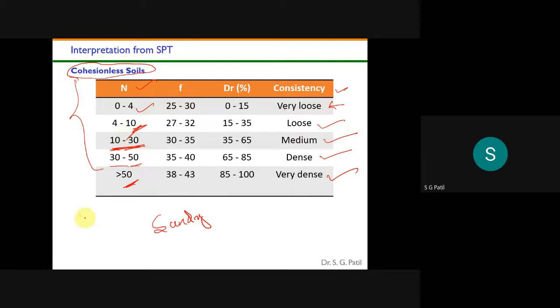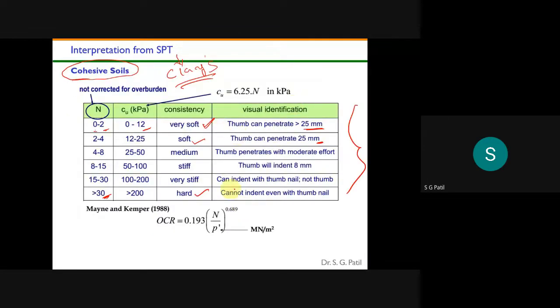Then if you recall this table, you can make a judgment that the soil is a little bit loose. If someone is telling you the n value is 50, then you can draw a conclusion that the soil is dense. For that purpose I have put these tables. So don't try to mug up these tables. They will be helpful once you start your career, not for your examination purpose.